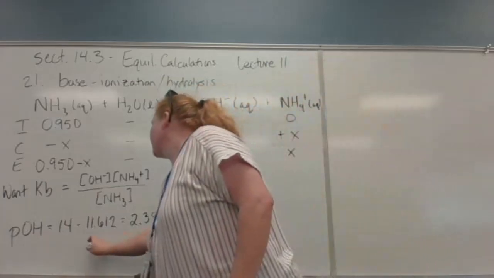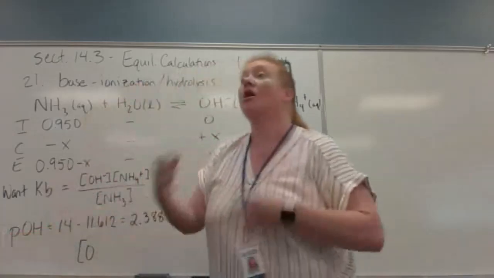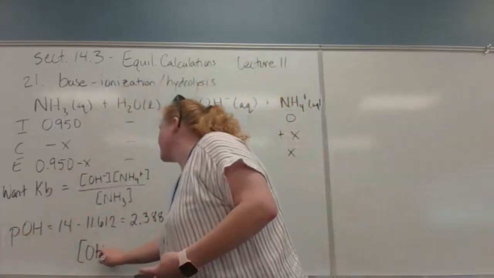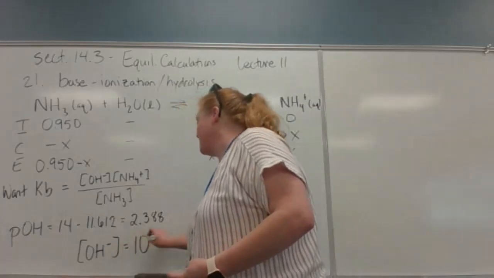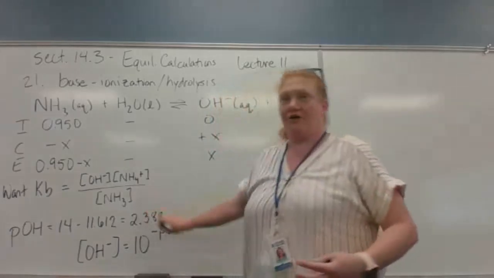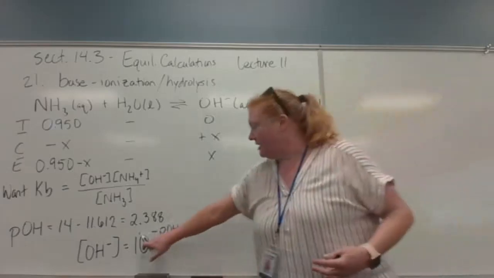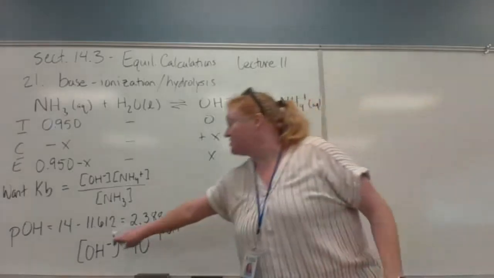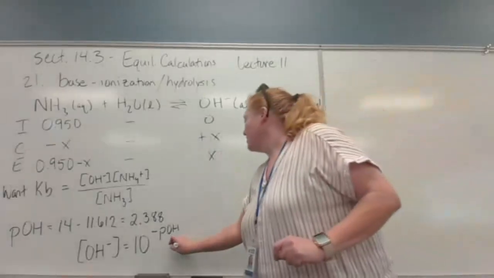So I have to undo this p logarithm function. I take 10 raised to the negative pOH, which will give me x.